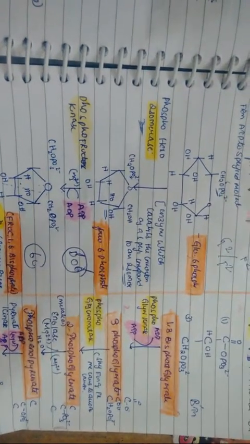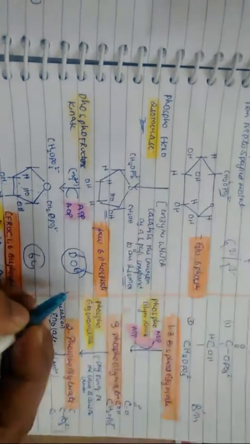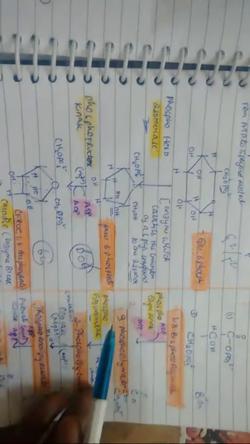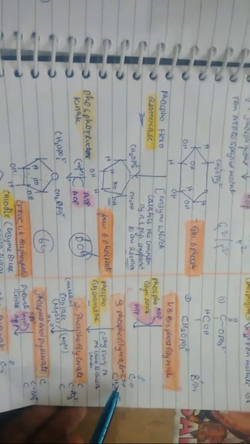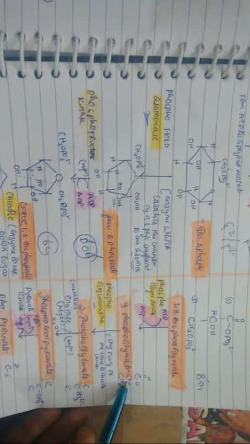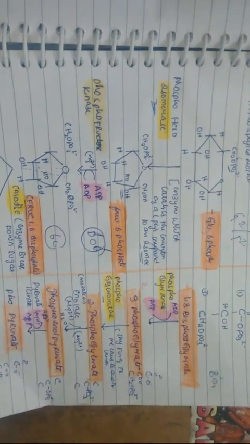Do you think isomerase? No, that is the function of isomerase. Yes, you have a special enzyme known as mutase. This mutase plays a vital role in shifting the position of the phosphate from the third carbon to the second carbon. So we have included the enzyme mutase.